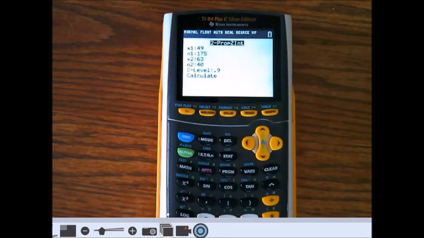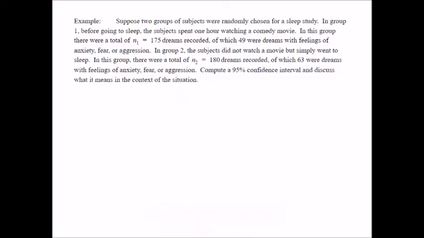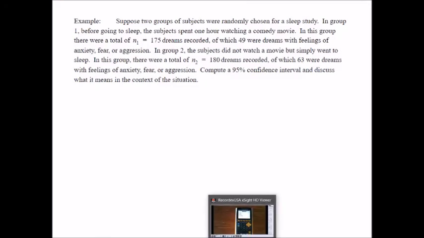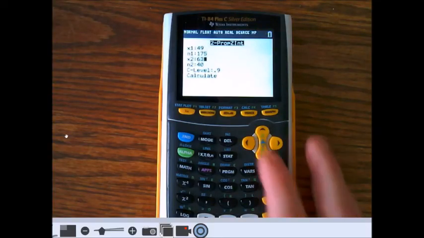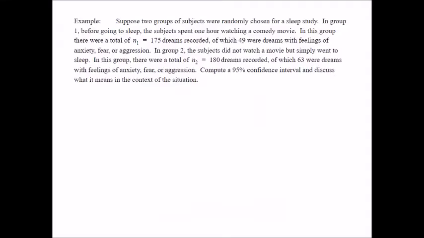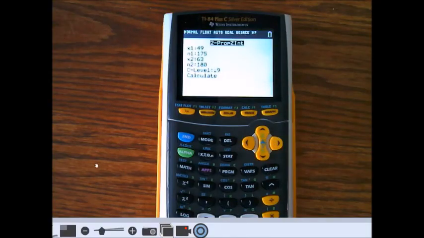And then it was 63 out of 180. And we wanted, I think it was a 95%. Yep, 95%, 0.95. So it goes from negative 0.17 to 0.03.